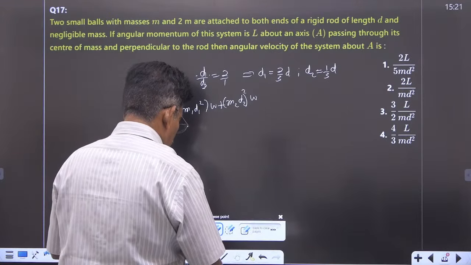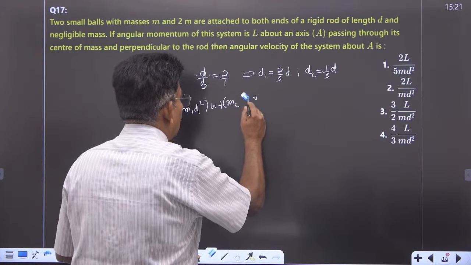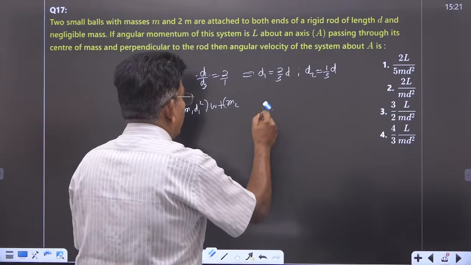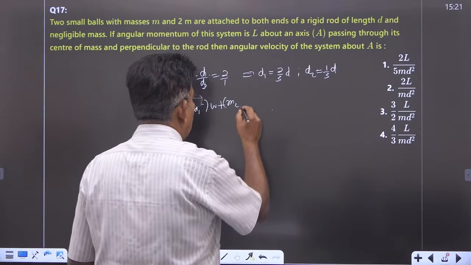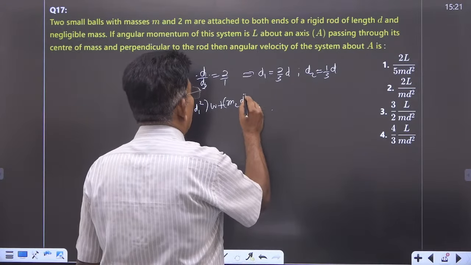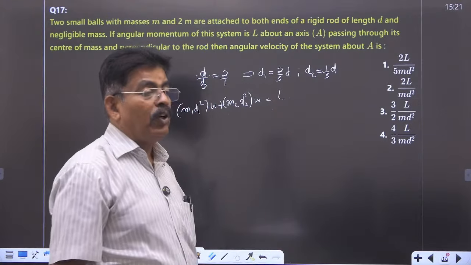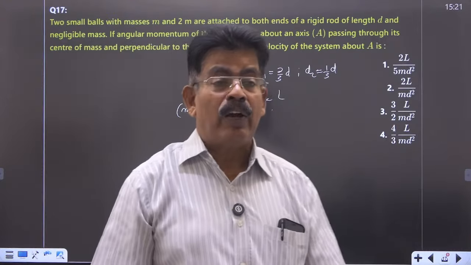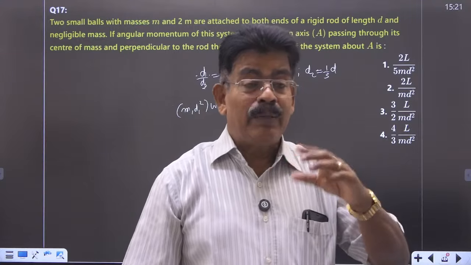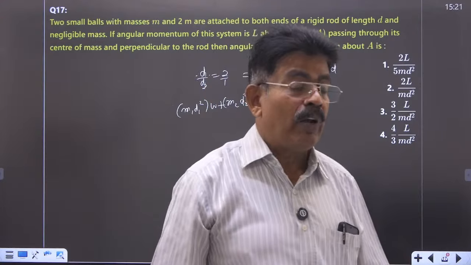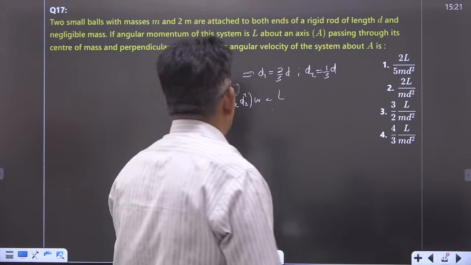That is equal to the total angular momentum, I omega, because both have the same angular velocity, they turn the same angle in the same time. I have to calculate the value of omega.